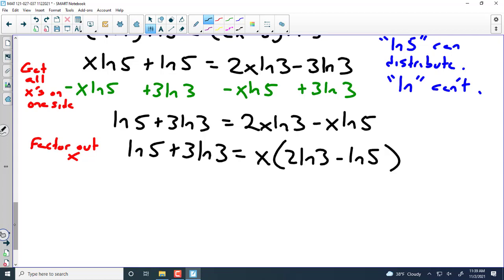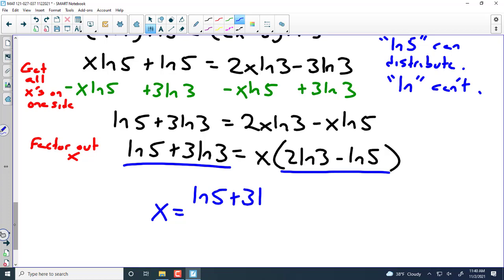Then we divide both sides by this. And we will get x equals 2, I'm sorry, we will not. That goes on the bottom. We will get ln 5 plus 3 ln 3 over 2 ln 3 minus ln 5. Gross.